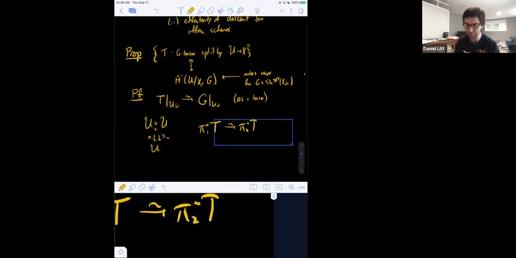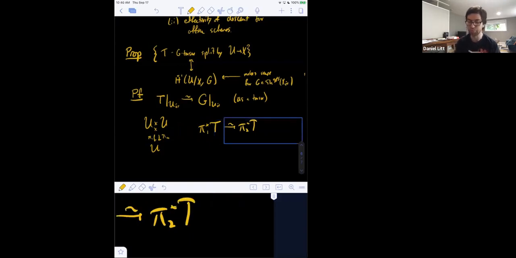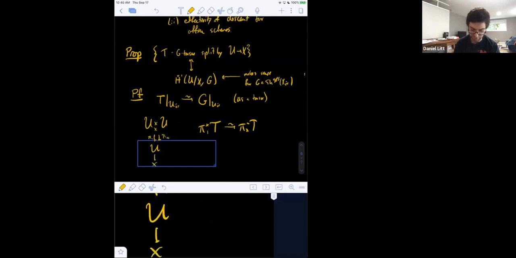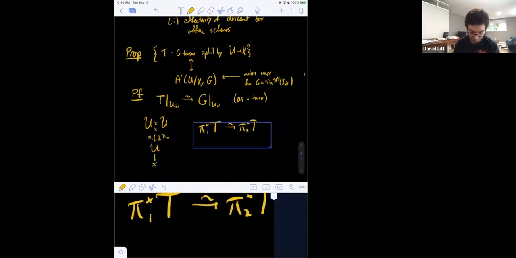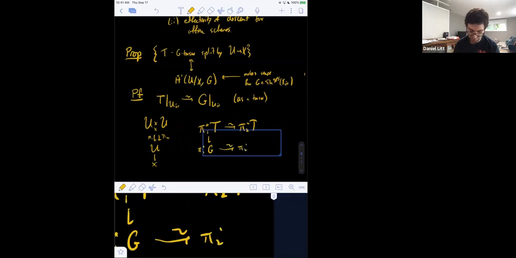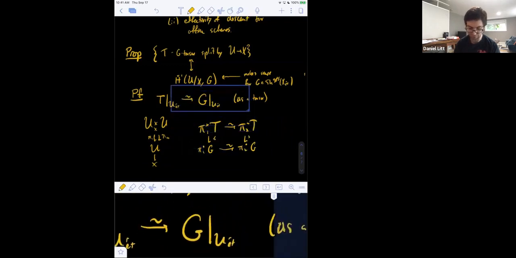This isomorphism just comes from the fact that we're pulling back something from X, right? So here we have a map to X. But we can view this via the isomorphism above as an isomorphism between pi1 star of G and pi2 star of G. Here we're just pulling back the isomorphism from before. Let me call this phi.